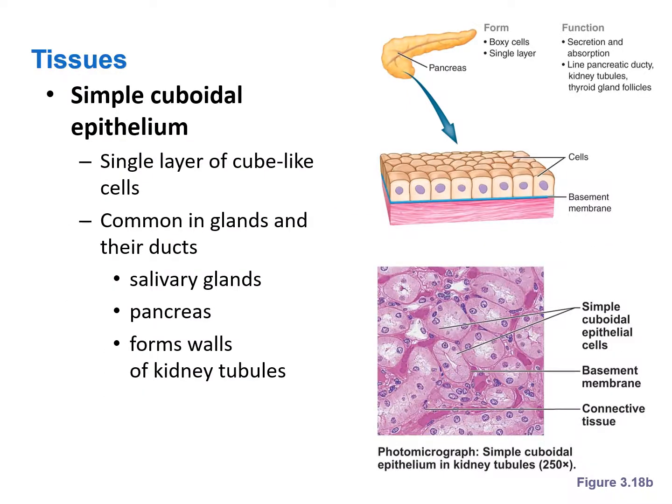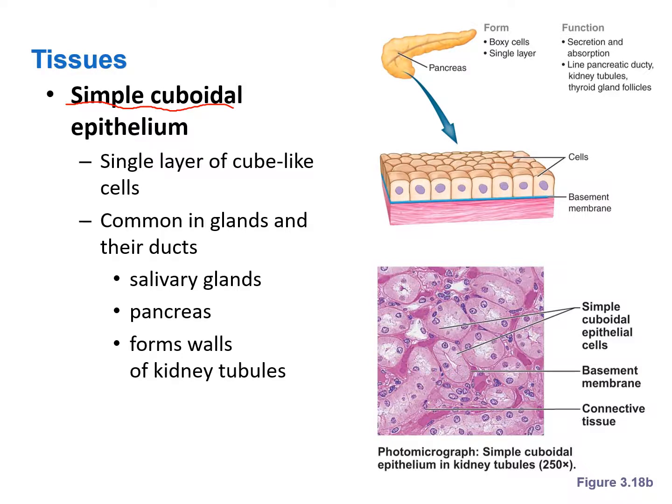The other type of tissue would be simple cuboidal, and as you would imagine, simple is just one layer. Cuboidal cells are cube-like, and you find these cells typically in tissues that secrete a product. This product could be saliva from salivary glands, or glucagon or insulin from the pancreas, and these cells form ducts.